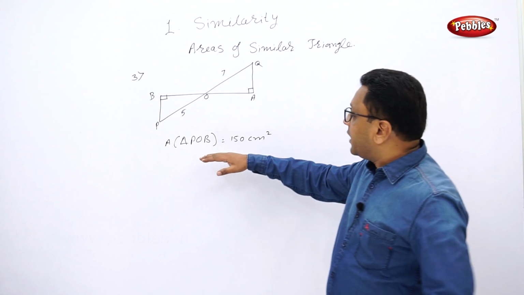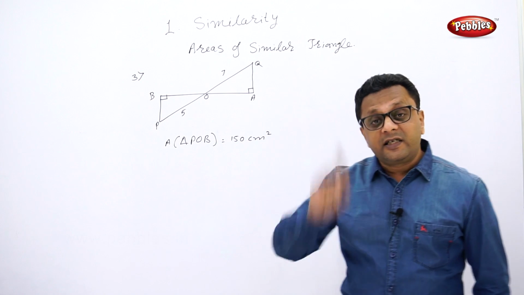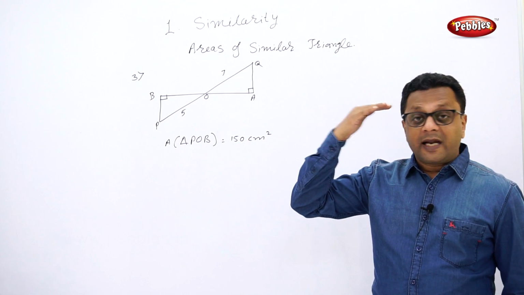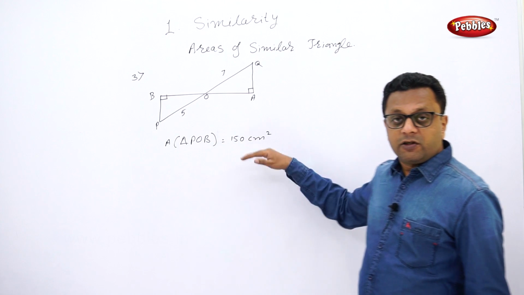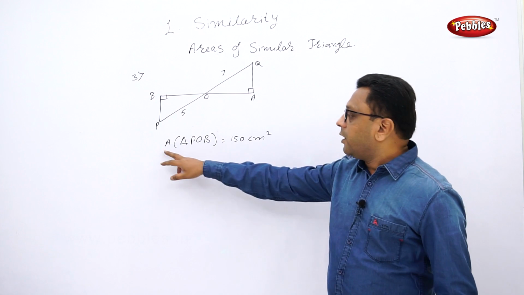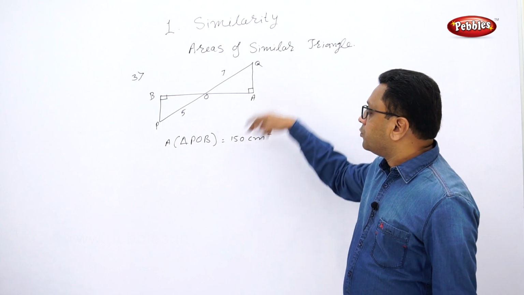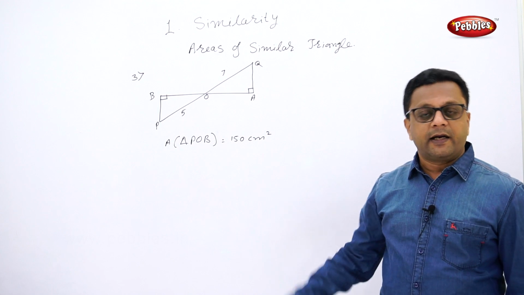Now, by looking at this example, many students make one mistake here. They consider that these are similar triangles because they have that theorem in their mind, that the ratio of the areas is equal to the ratio of the squares of the sides, and they immediately write down area of triangle POB upon area of triangle OAQ is equal to PO square upon OQ square, and they solve it.